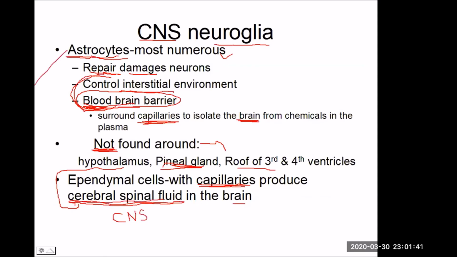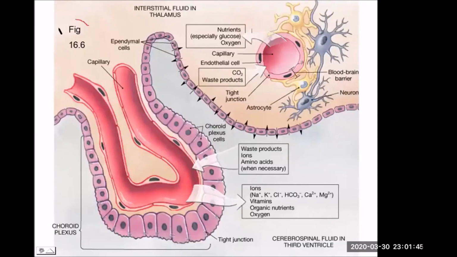So let's just compare these two, okay? This is a great figure from the brain chapter 16, where we're going to see the difference between these two types of cells, the astrocytes and the ependymal cells. So let's begin here. The astrocytes, we said, are the blood-brain barrier, an intermediate step between the capillaries with our blood supply and the actual neurons of our brain and spinal cord.